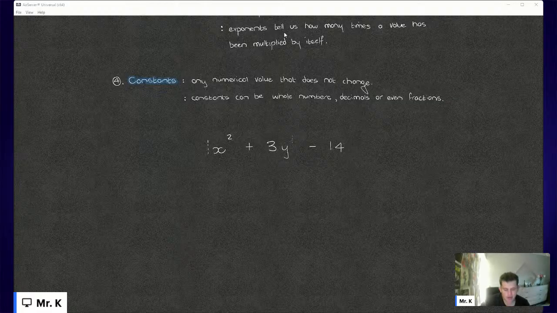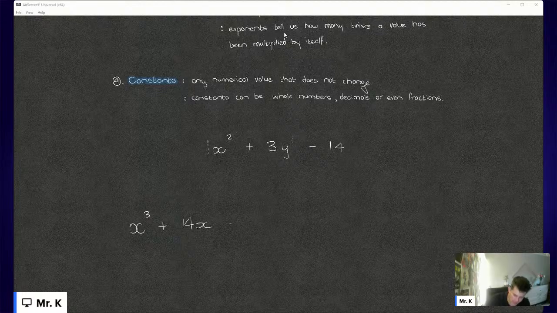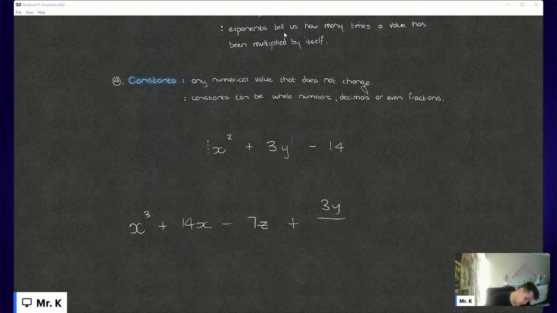Now, there's one last thing, like I said, that we need to understand, and this is the idea of terms. So, if I end up working with some really complicated equations one day, and I find that there really is a lot going on, I need to be able to distinguish between all of the separate parts, right?